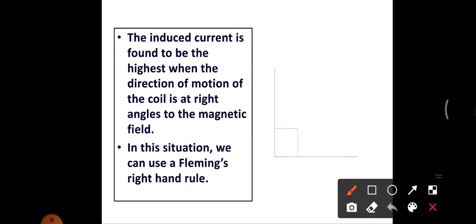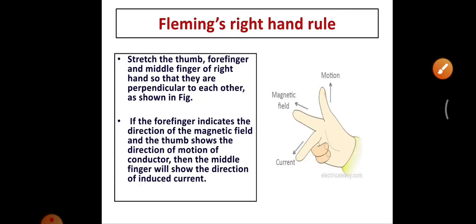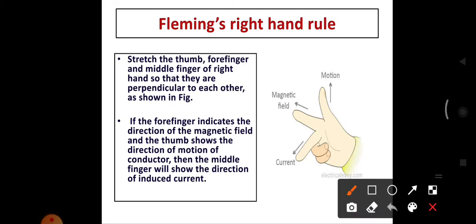But the Fleming right hand rule is used to find the induced current direction. For the Fleming right hand rule, you have to take your right hand and stretch your thumb, forefinger and middle finger perpendicular to each other, and the forefinger indicates magnetic field direction.